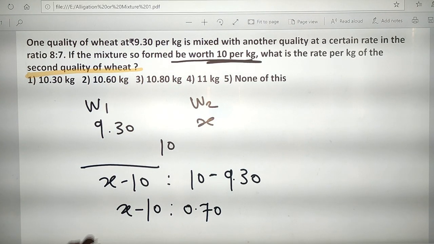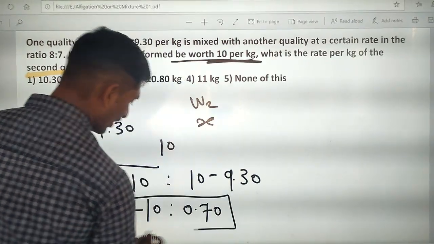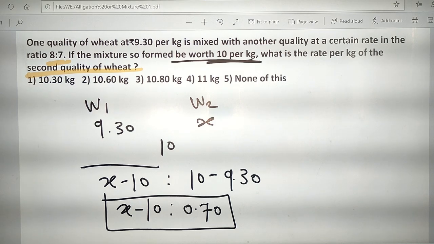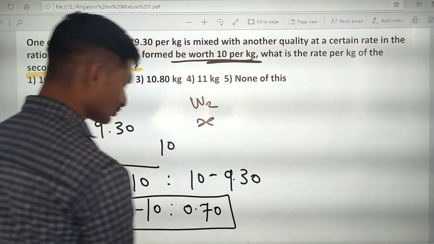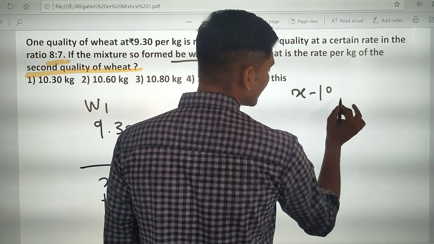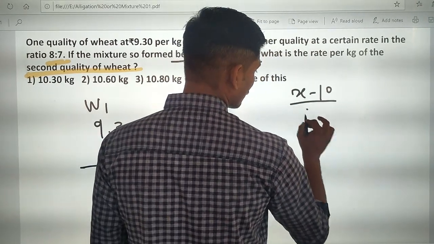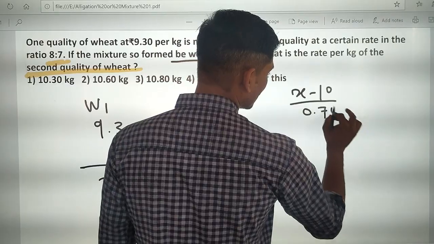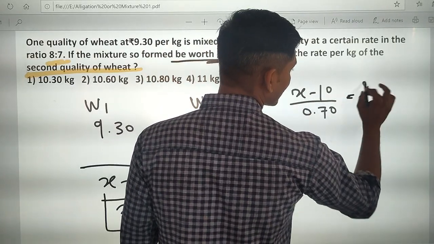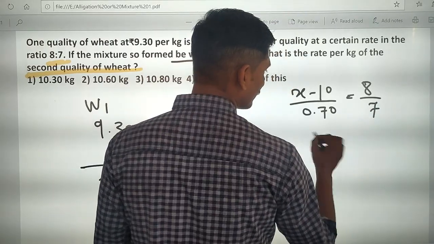Then the ratio of the quantities is given as 8 to 7. Now we write (x minus 10) divided by 0.70 is equal to 8 by 7.